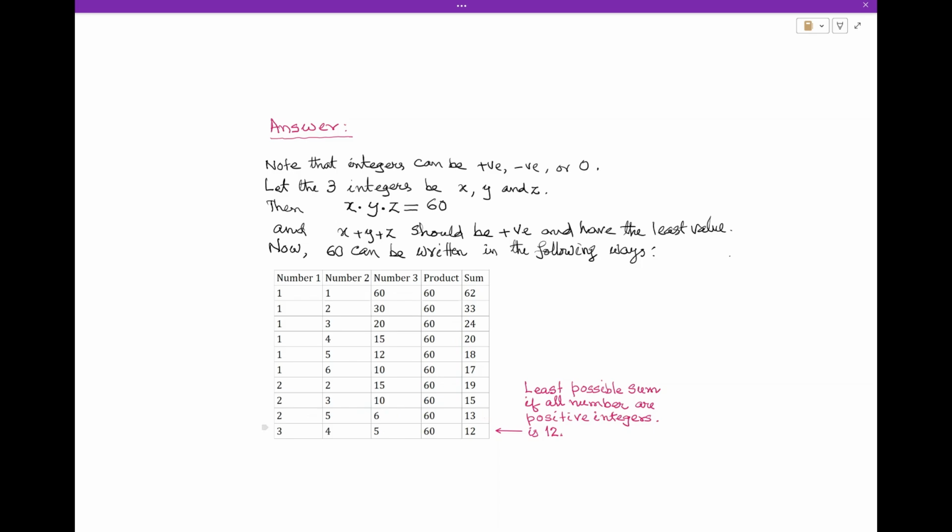Finally, when number 1 is 3, number 2 is 4 and number 3 is 5, the product is 60 but the sum is 12. So when all the three numbers are positive, then the minimum sum that we can get is 12.